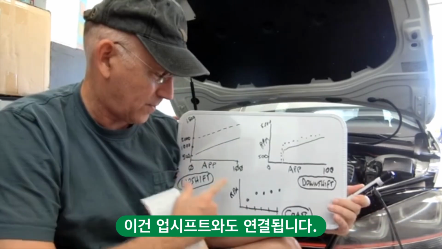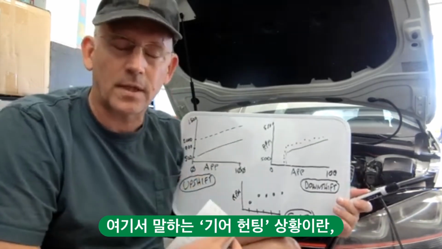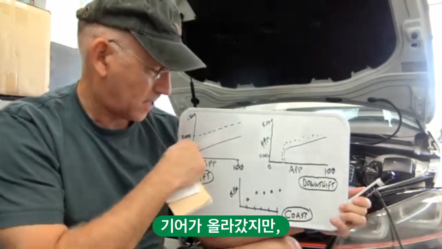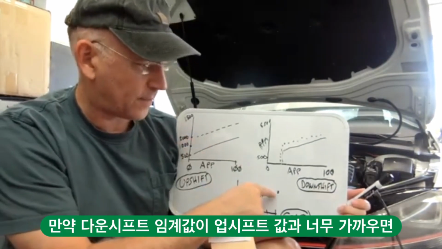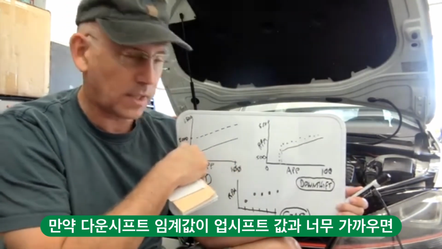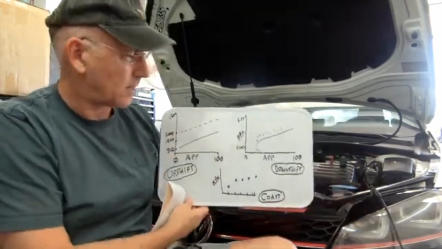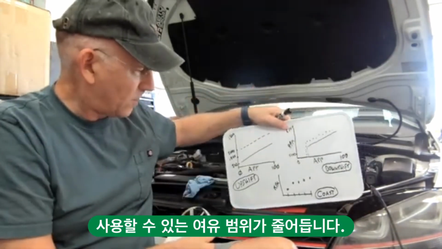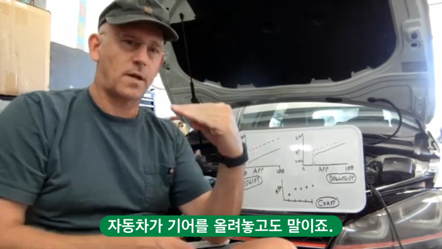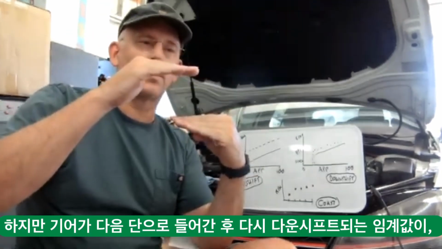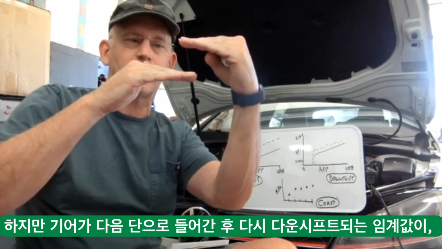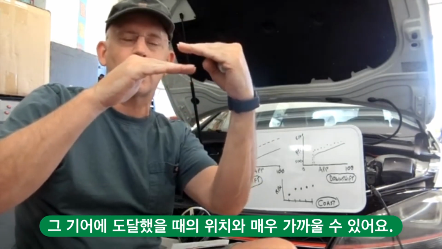This ties in with the upshift, and it's with regard to gear hunting, where it upshifts, but if the threshold for downshifting is close to the upshift value, then you don't have a whole lot of room to operate. The car shifts up, but the threshold for where it's going to downshift once it gets into the next gear may be very close to where it is arriving.